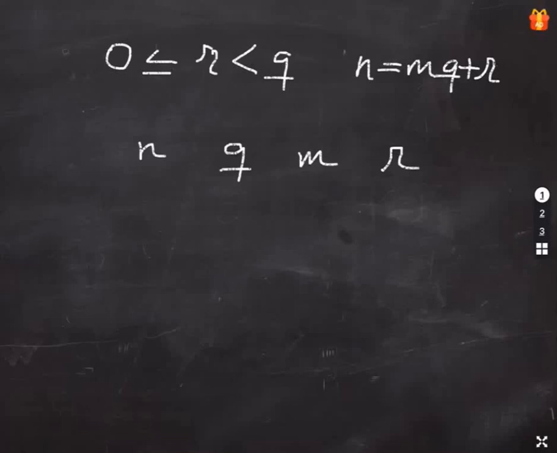And to finish with, I'm going to define exponentiation for natural numbers, of course. Let m be a natural number. So to raise m to the power 0, we define m to the power of 0 to be 1.